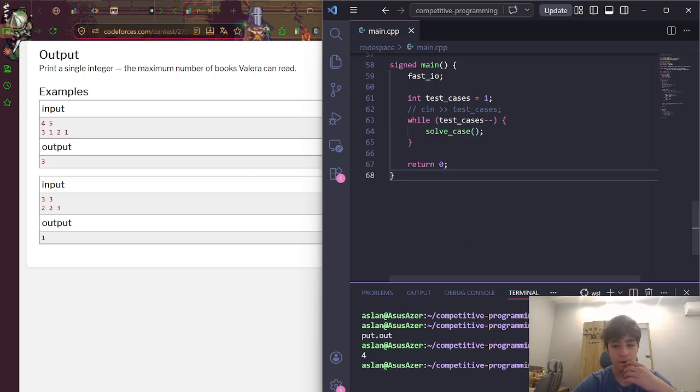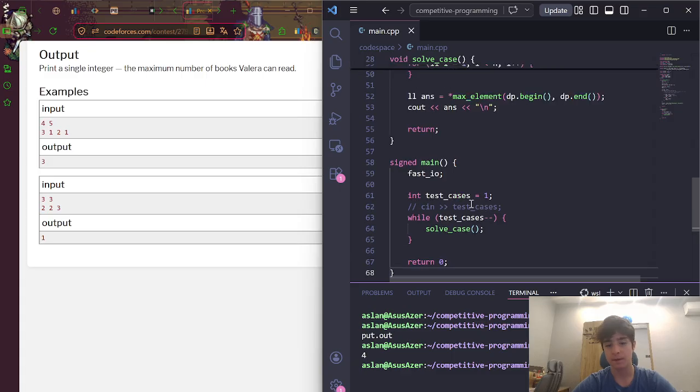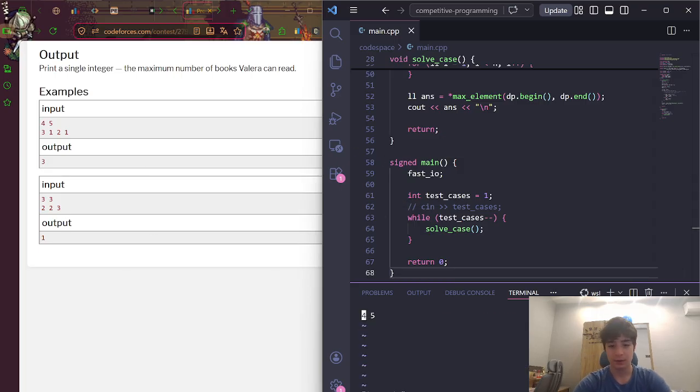Four. Wait. So it means I get 4 books. Are you joking, man? It means that it doesn't work. Is there some array? Are you joking, right? What the hell?